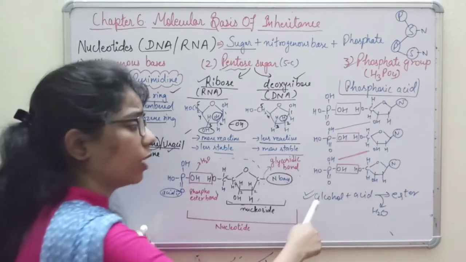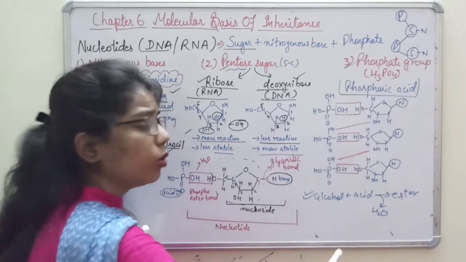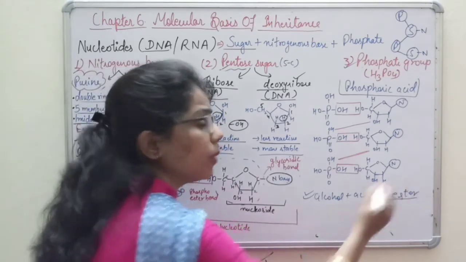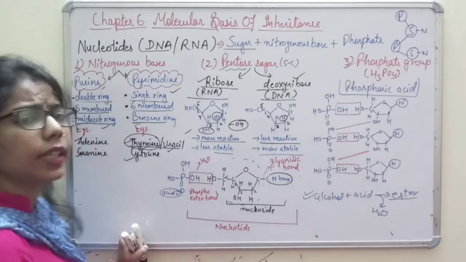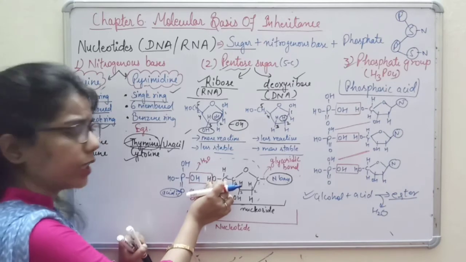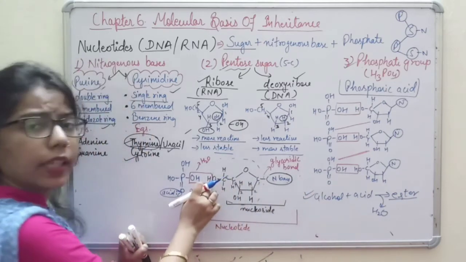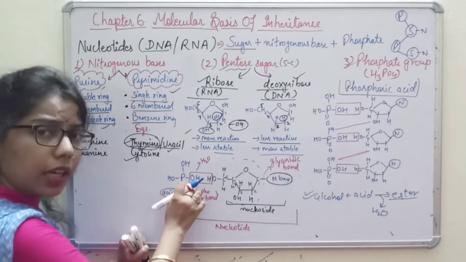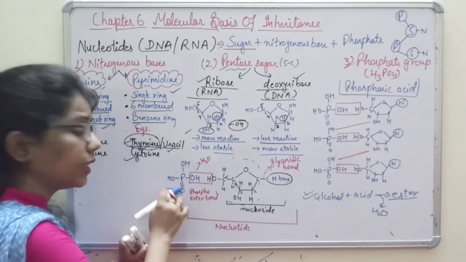Whenever we add alcohol with acid, it will do dehydration with removal of a water molecule and it will form ester. The same thing will happen here also. We are having this OH group which is an alcoholic group. And this OH group here denotes acid.